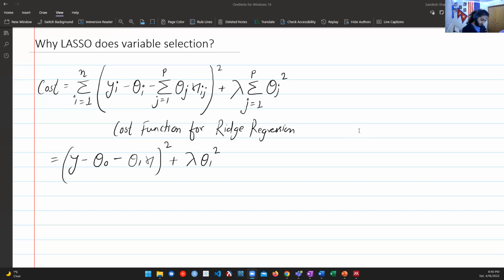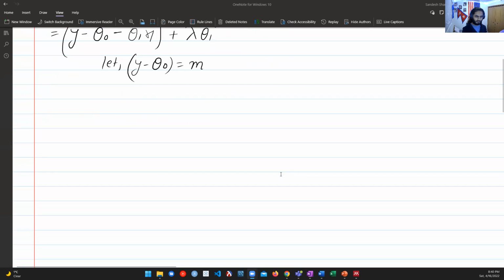For more simplicity, I'm going to assume y minus theta naught equals m. So now how does the equation change? It changes like this: (m minus theta 1 x) whole square plus lambda theta 1 whole square.